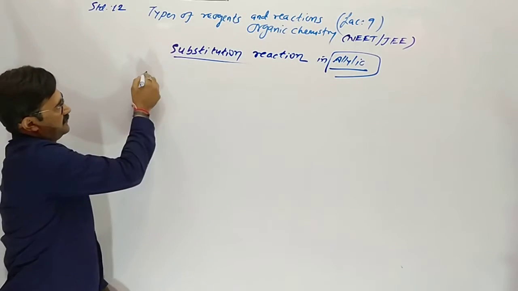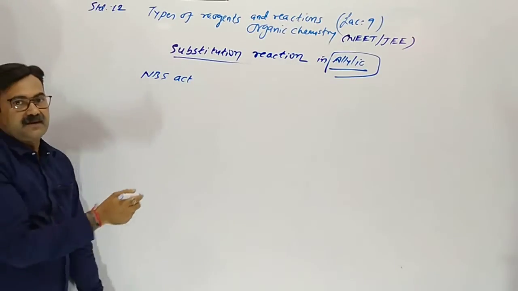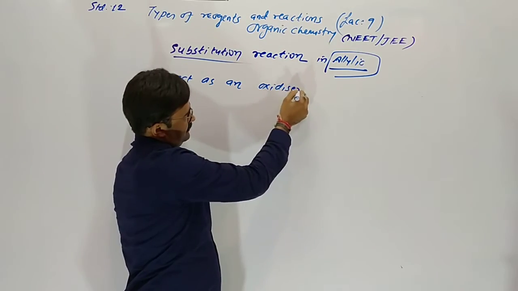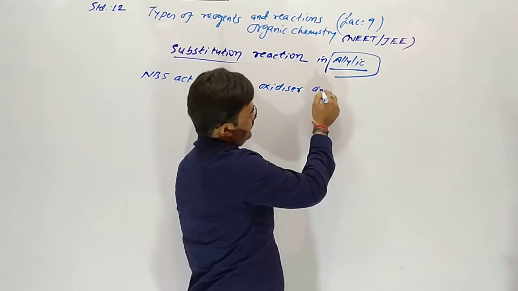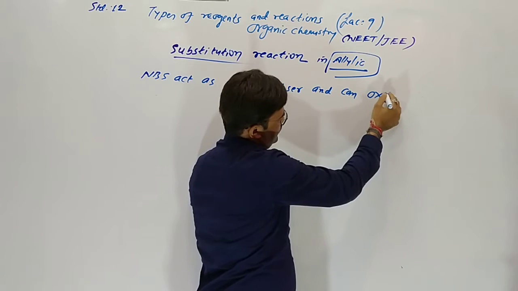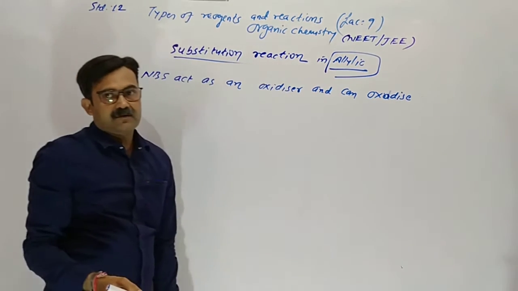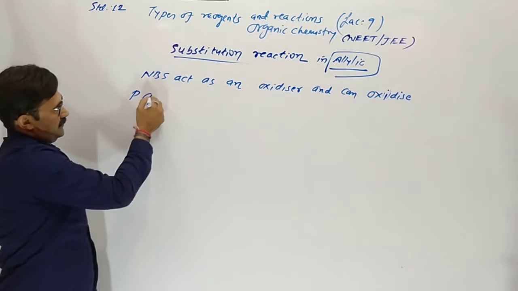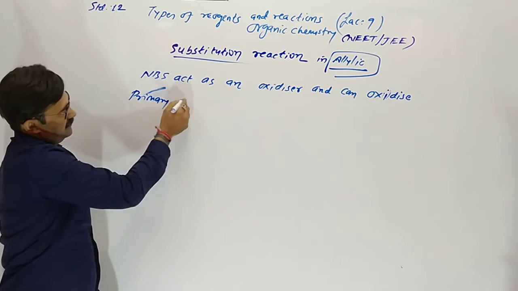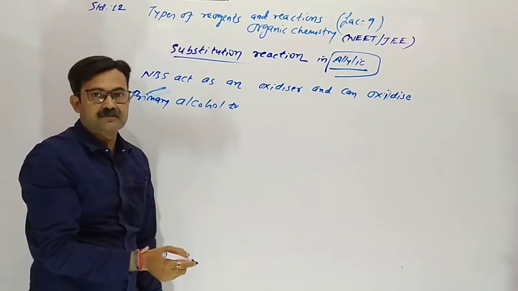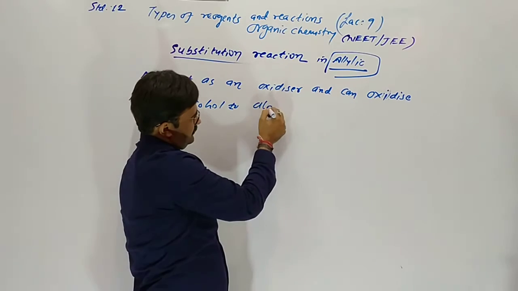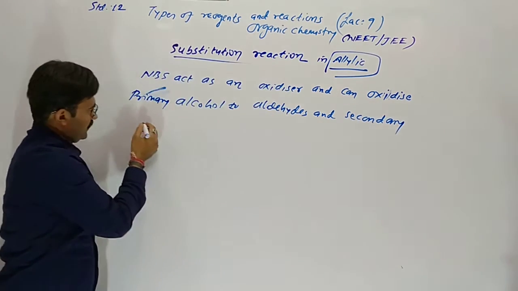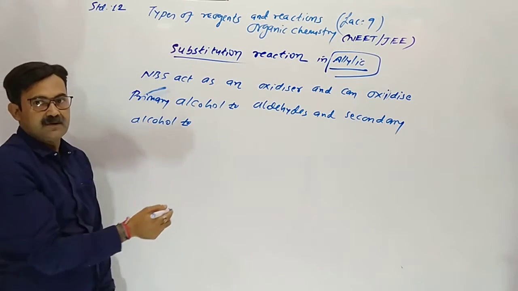NBS acts as an oxidizer and can oxidize primary alcohol to aldehyde and secondary alcohol to ketone.